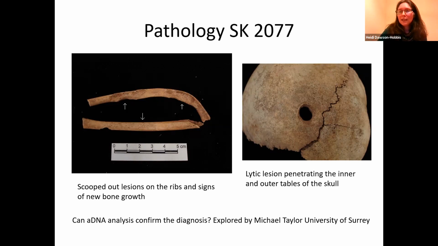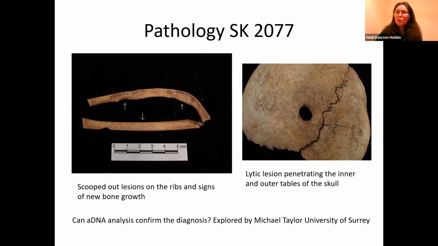More recently, I've been working with Michael Taylor at the University of Surrey. He takes samples and does DNA analysis, but this time he's not looking at the DNA of the humans themselves, he's looking for the DNA of the bacteria, in this case Mycobacterium tuberculosis.